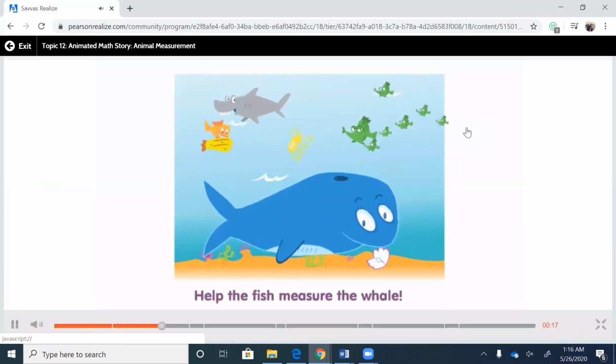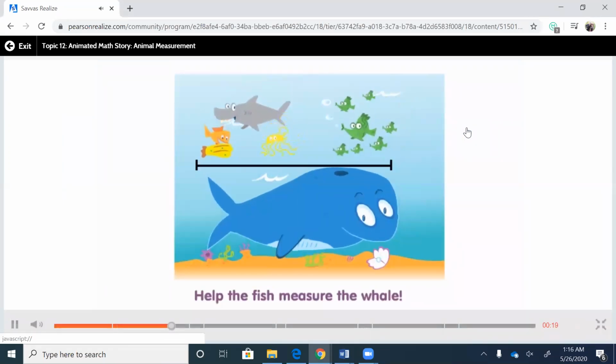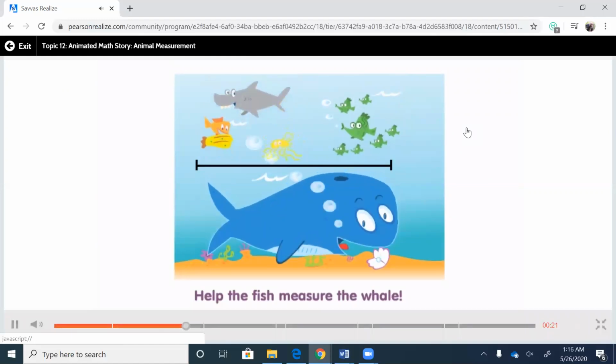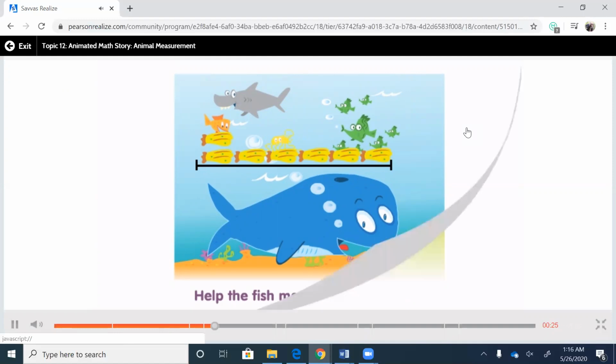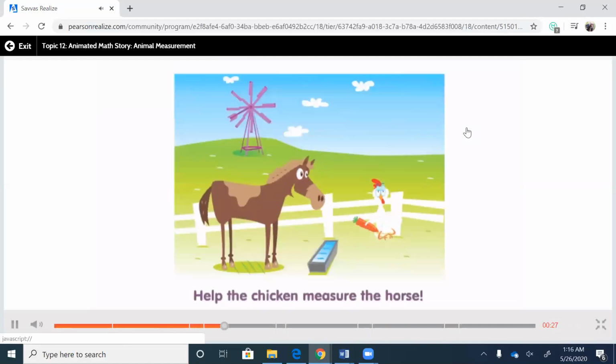The whale is about shells long. 6. Help the chicken measure the horse. The horse is about carrots tall.